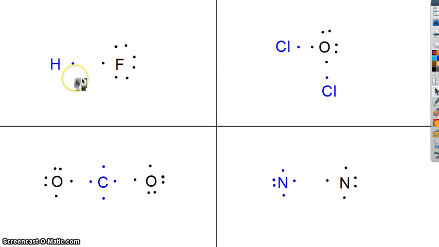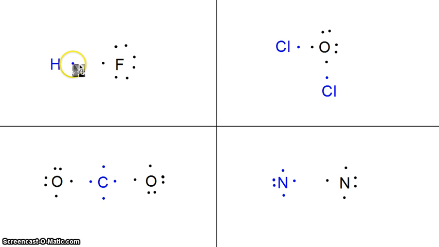So here we have some different examples of atoms. Right now, up in the top left, we have a hydrogen with just 1 electron. And again, it would want 2 to have a full valence shell. And then we have a fluorine that has 7 and would want 1 additional electron to have a full valence shell.